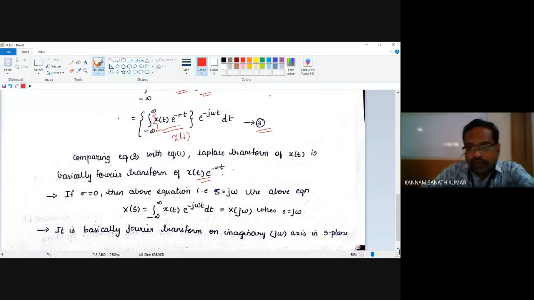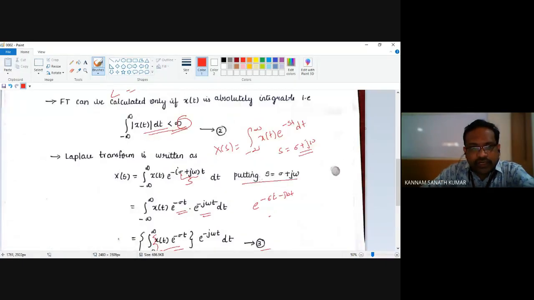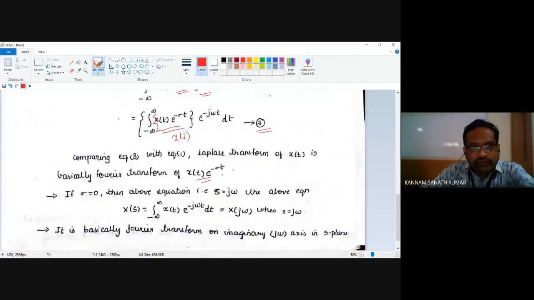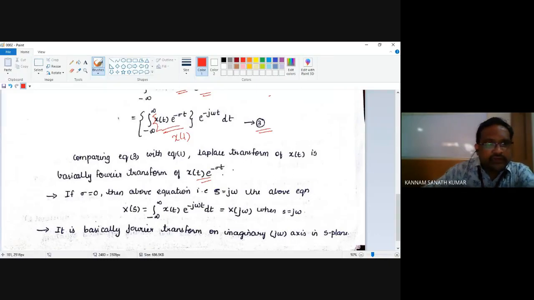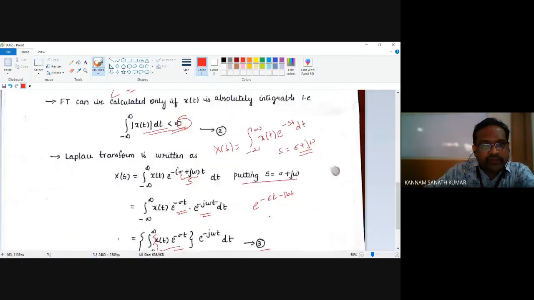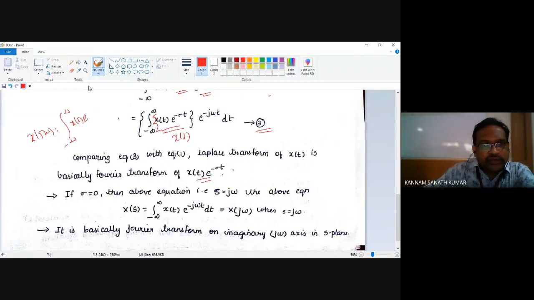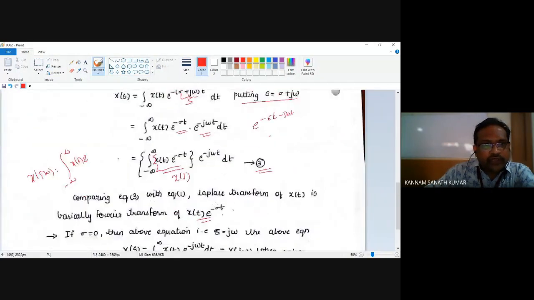If you compare these two equations, equation 1 is x of j omega equal to integration from minus infinity to infinity of x of t into e power minus j omega t.